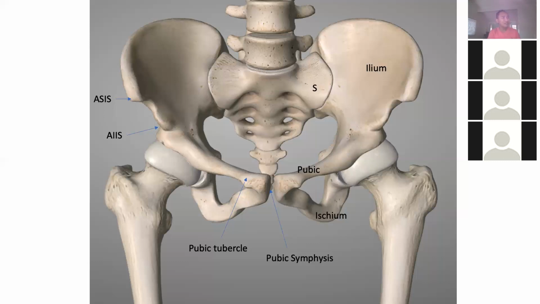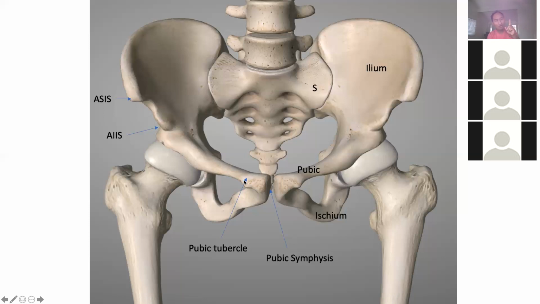Right, and you remember the pubic symphysis, which is in the middle, where the right pubic bone and left pubic bone meet in the center. That is what we call the pubic symphysis. That is in the very center. If you follow the superior pubic rami along toward the pubic symphysis, you can see a little bony notch here.